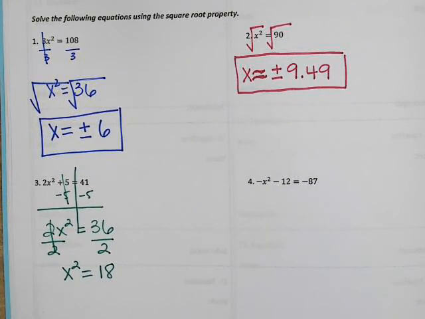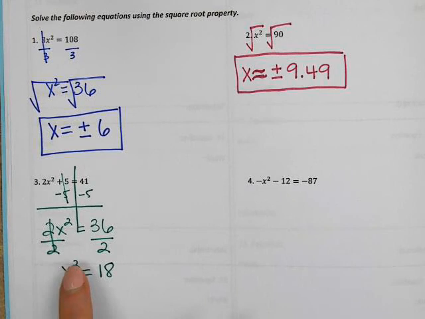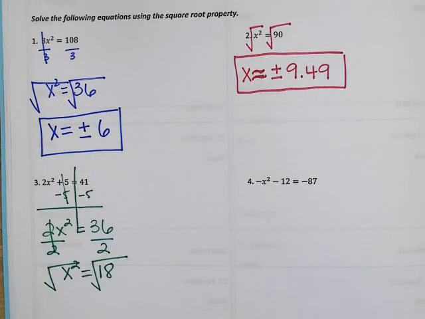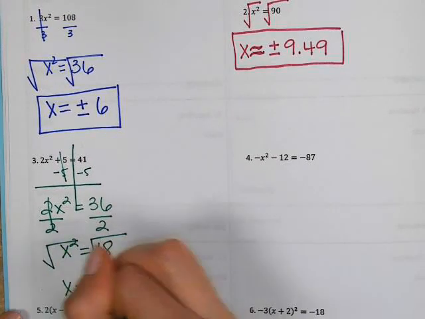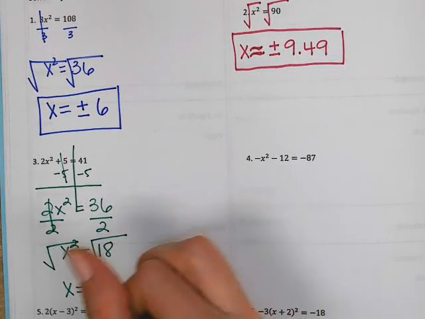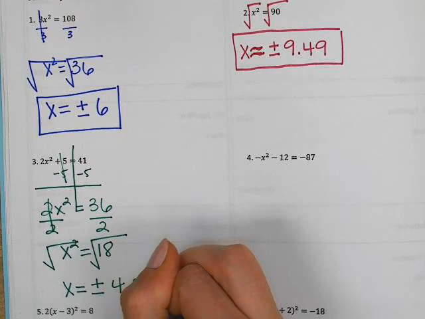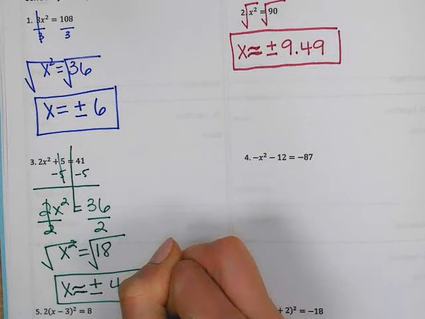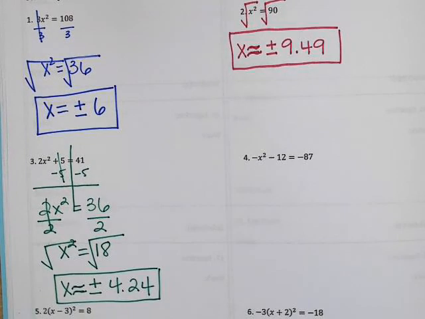Okay, now we're isolated. If x squared equals a number, we square root both sides, and then we type it in the calculator. x equals, don't forget plus or minus, the square root of 18 is 4.24, and since we're rounding, we will get that.